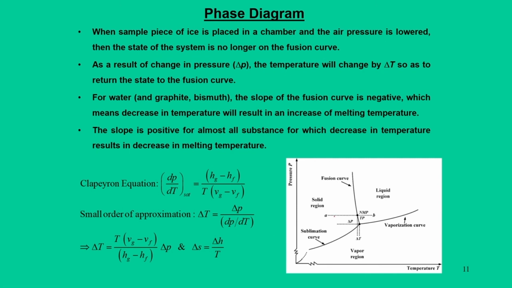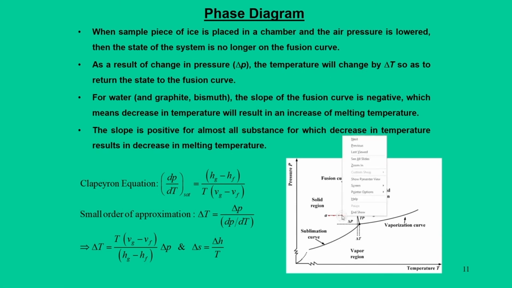Ideally point A would have moved towards the fusion curve, but since I am changing the pressure, not necessarily will I move there. As a result of the change in pressure, the temperature will also change by delta T.